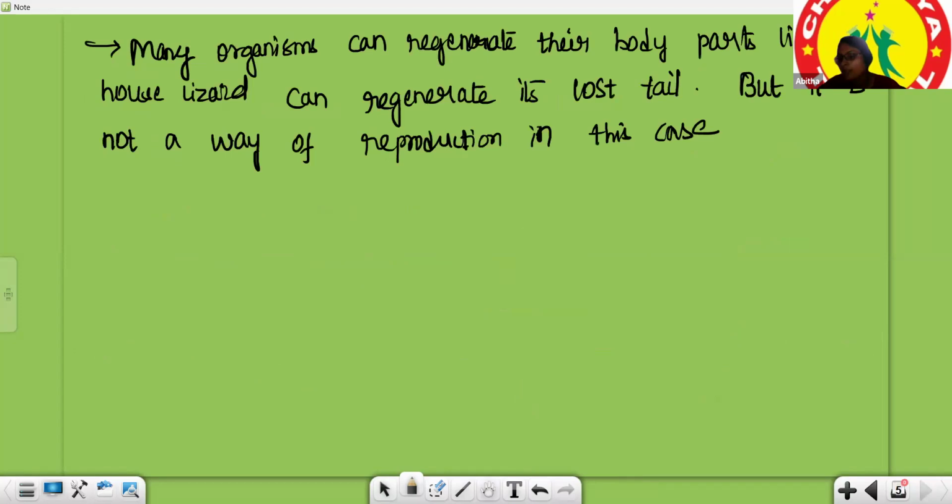In many organisms you can see regeneration. But in the house lizard, it is regeneration, but it doesn't come under reproduction because an entire organism is not produced. Only the part which is removed is regenerated.